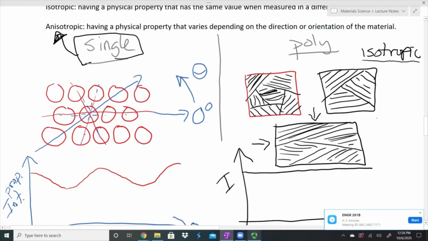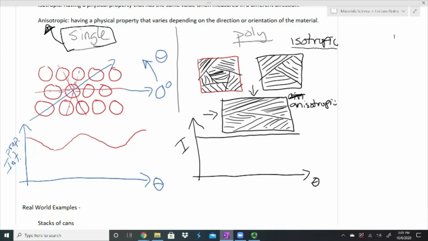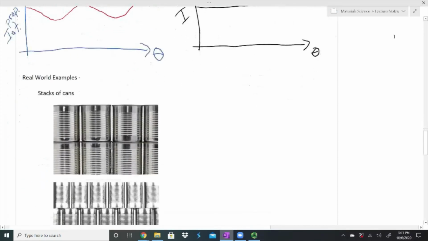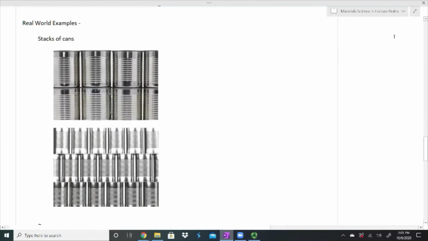But we do get some pictures where we do have some anisotropic properties.